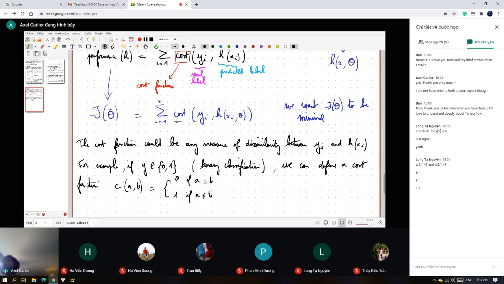So this is one possibility, but we could think of many other possibilities for the cost function.